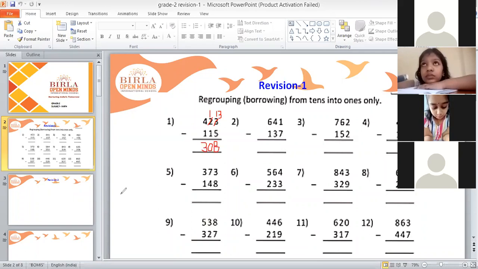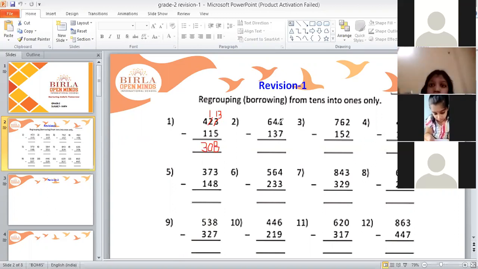And where is that 1 actually? In tens place, ma'am. Look at the question carefully, Krishika. Ones place, ma'am. Krishika, we have to take borrow. Tell me from which number we will take borrow.